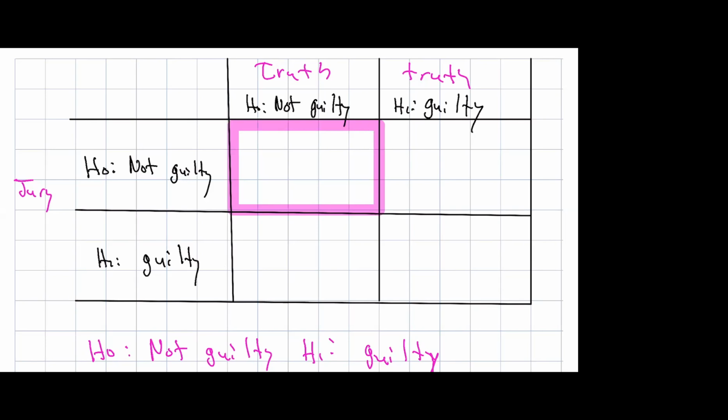Right? Yeah, right. So we'll put right. Perfect. All right, so that's that box. So let's do this box now.